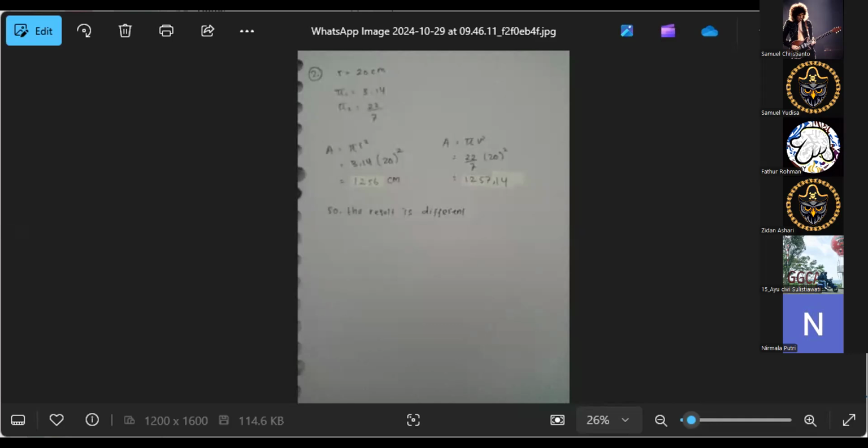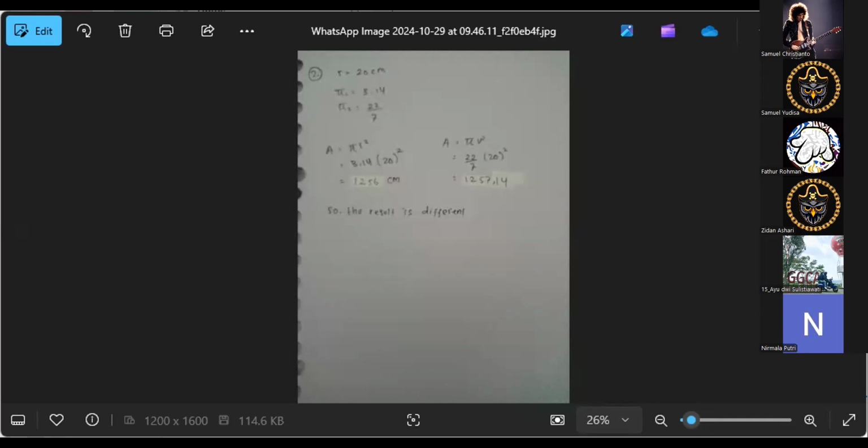The question asks us to find the area of a circle with two different values of pi. The first pi is 3.14 and the second pi is 22/7. In the question we have a radius of 20 centimeters.